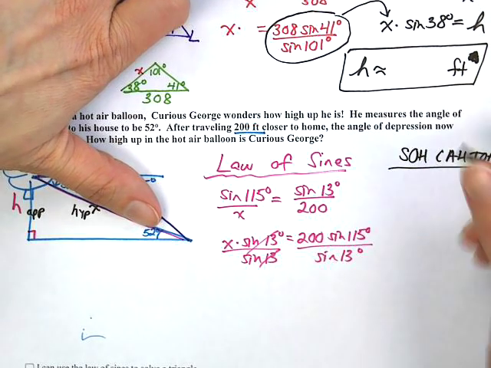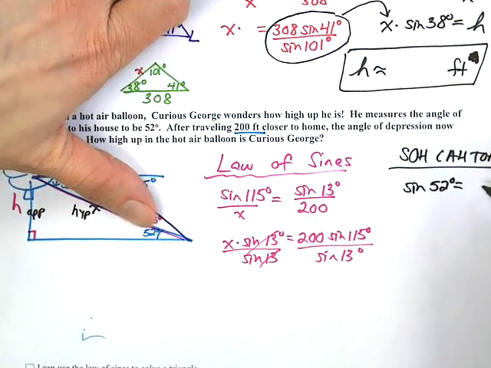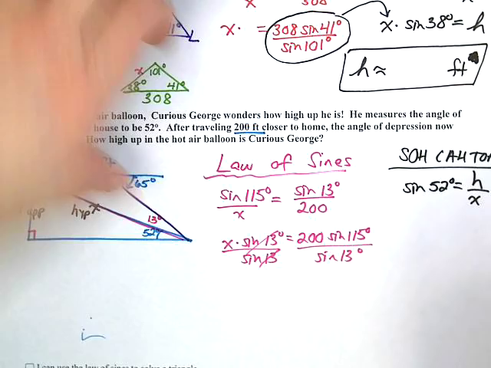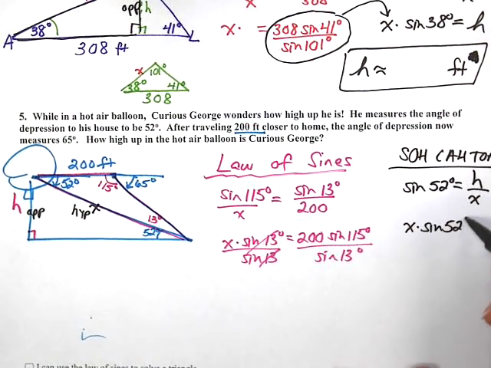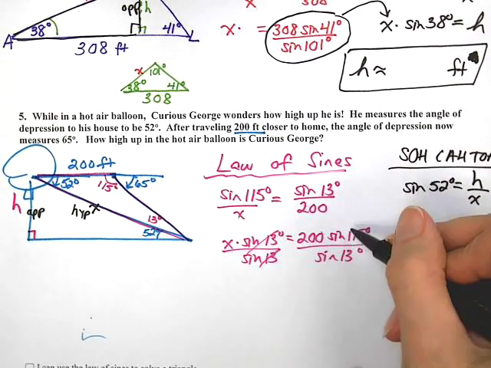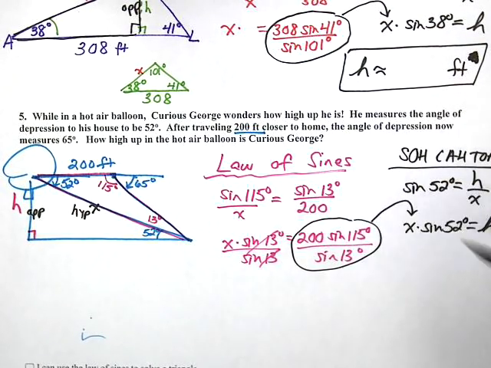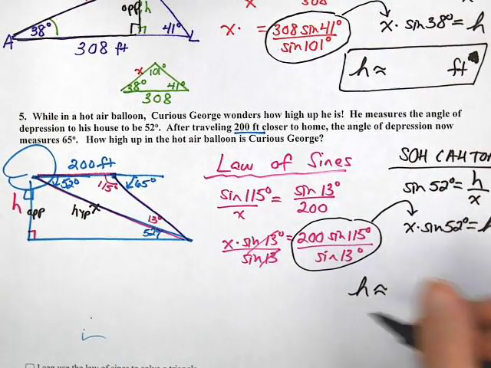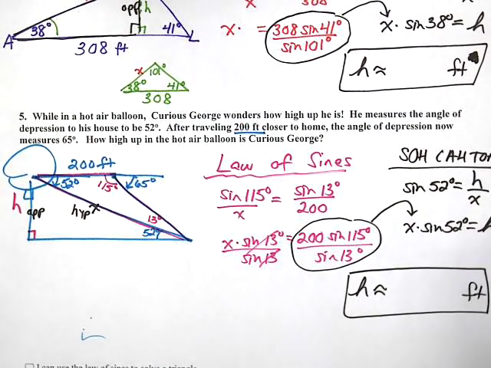I think it's going to be sine. Sine of 52 degrees is opposite, which is h, for hypotenuse x. X times the sine of 52 degrees is how we could find h. So we'll take this calculation, multiply it by that in your calculator, and the height of the balloon that Curious George is flying in is how many feet?